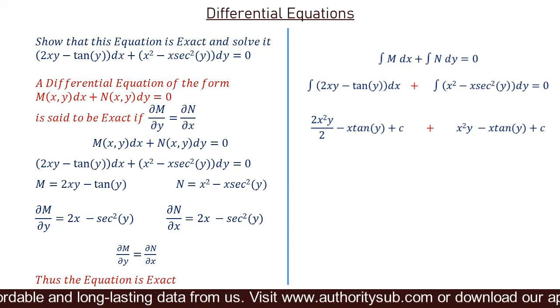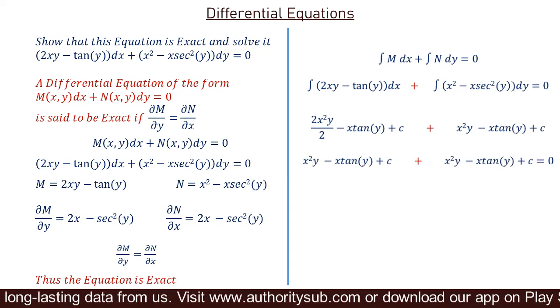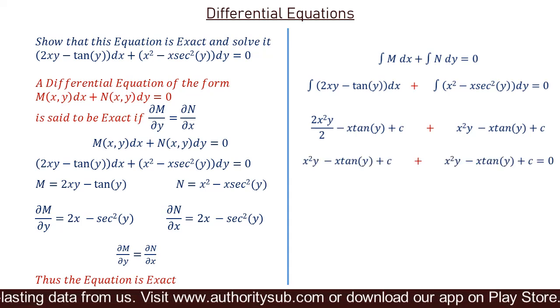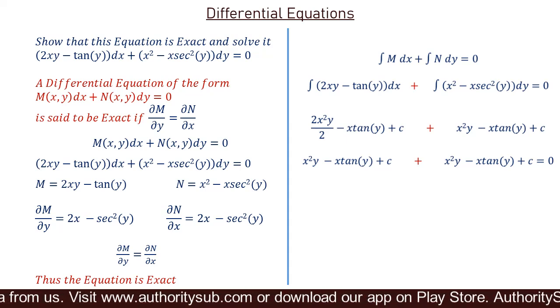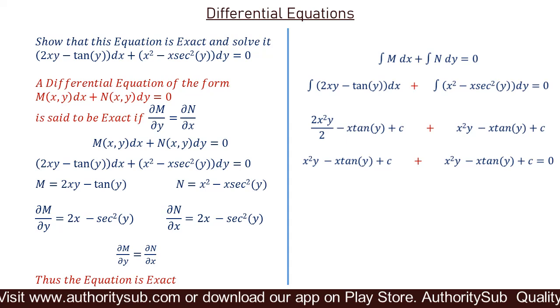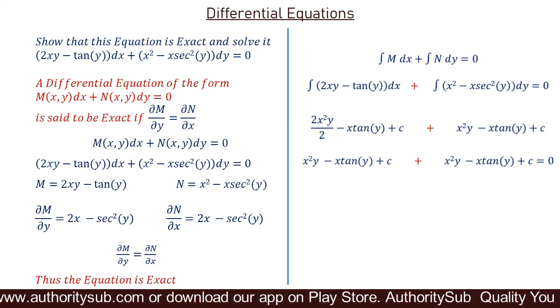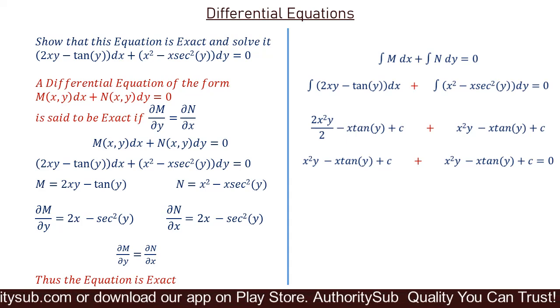So let's simplify. When you simplify the two integrals, we're going to have x²y − x tan y, that is for the first integral. Then the other integral is going to give us x²y − x tan y plus c equal to 0. So what do we have in common? We have x²y and we have −x tan y.